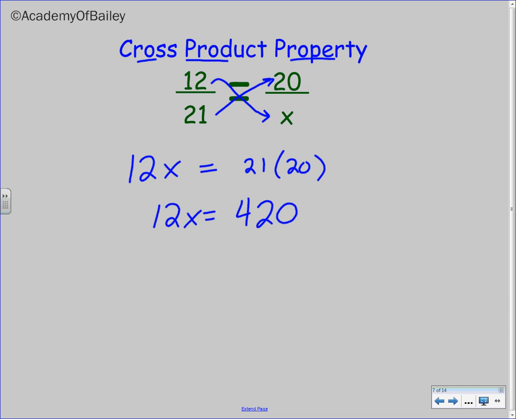And now from here, how do you get x by itself? Divide by 12, those cancel. So x is equal to 420 divided by 12. I want to reduce this. What number goes into 420 that also goes into 12?